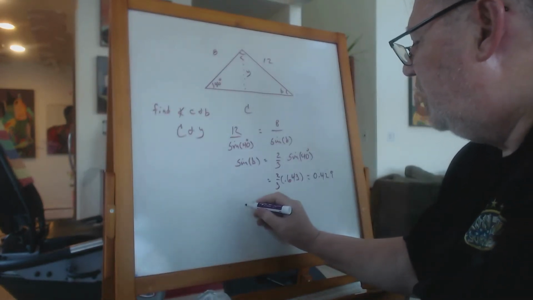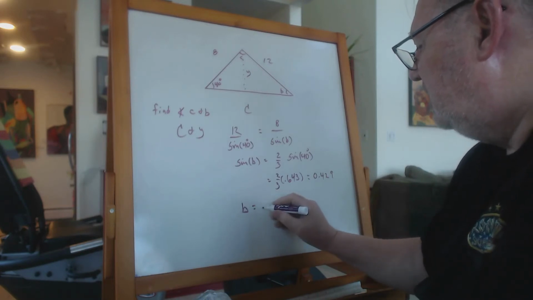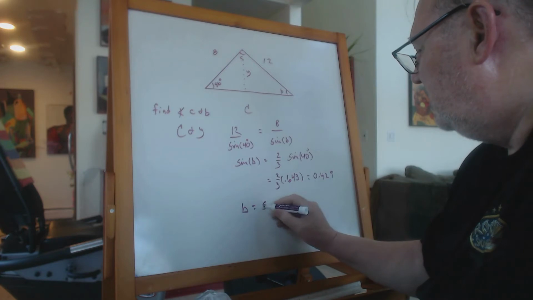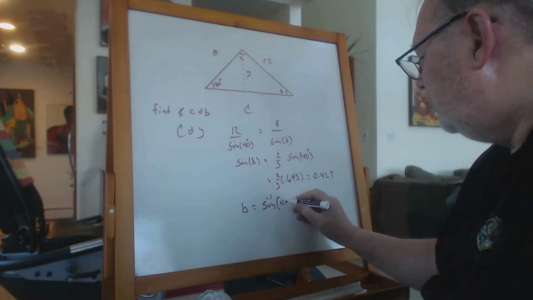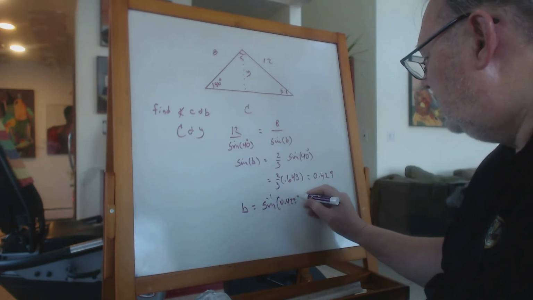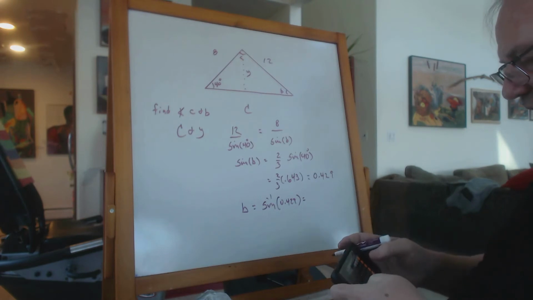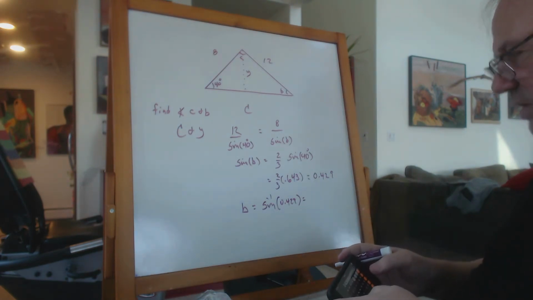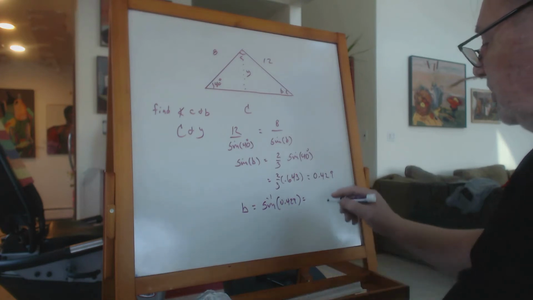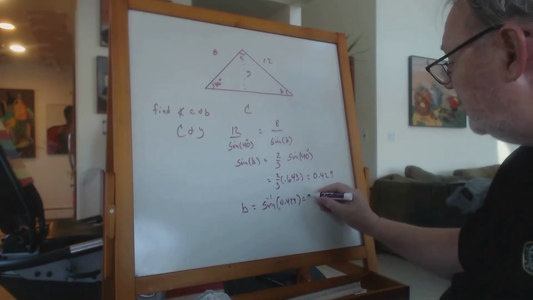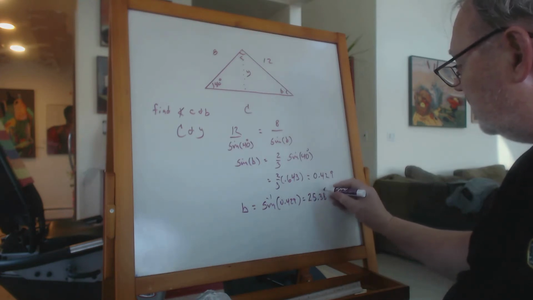So we say the arcsine of 0.429 is equal to the angle B. That's equal to 25.38 degrees.